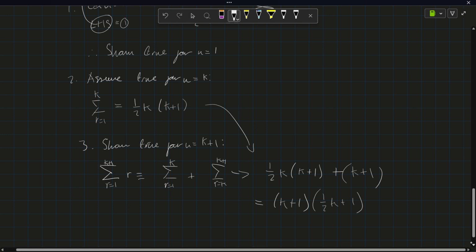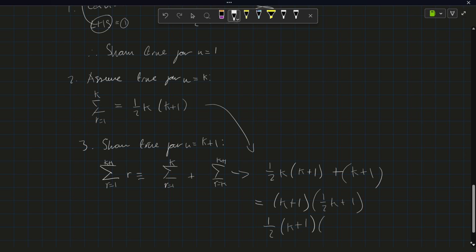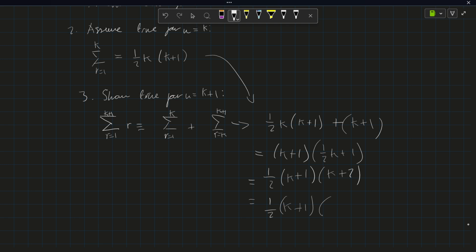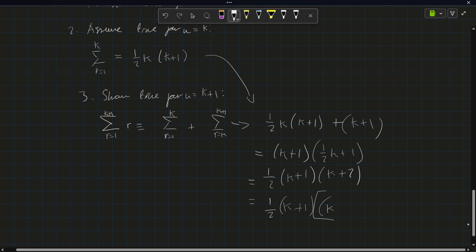You can factor out a half. And you'll notice if we factor out a half, we get k plus 2, which is not what we want. So instead, k plus 1 times 1 over 2 times k plus 2. Funniest thing that nobody sees it immediately.